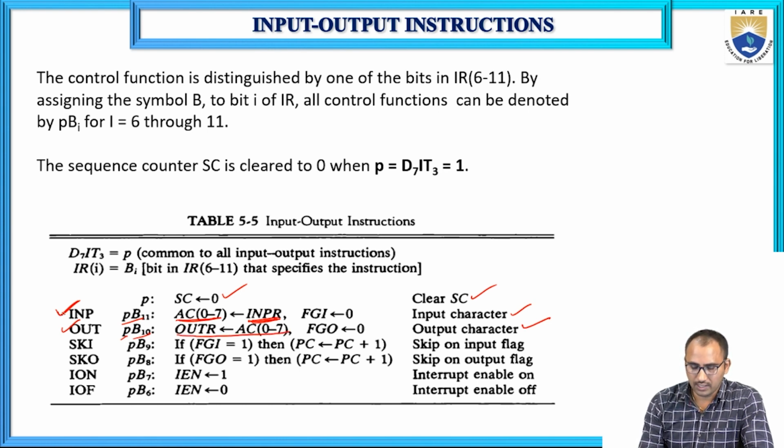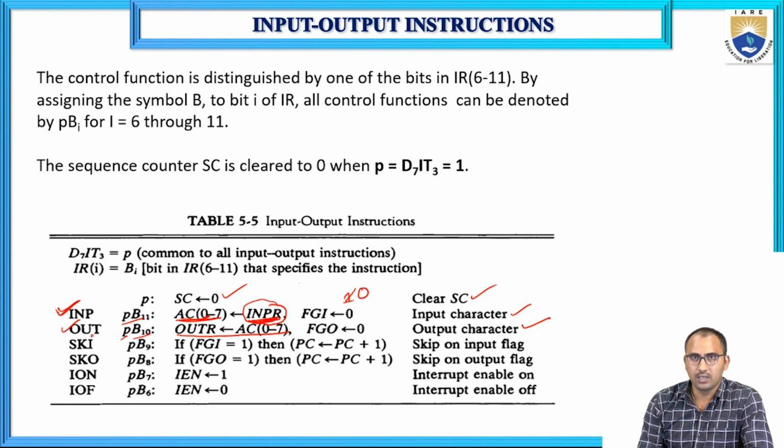See here, for the input register, whenever the input register data is transferred to the accumulator, what will happen? When the input register contains data, FGI will be 1. Whenever that input register data is shifted to the accumulator, the input flag becomes 0.